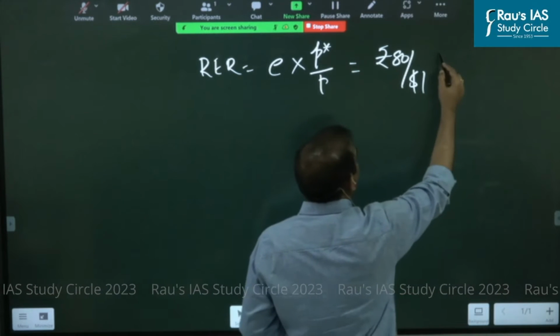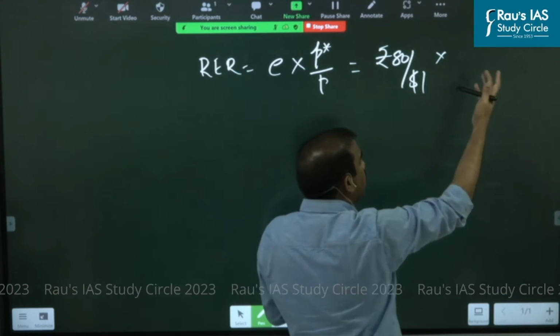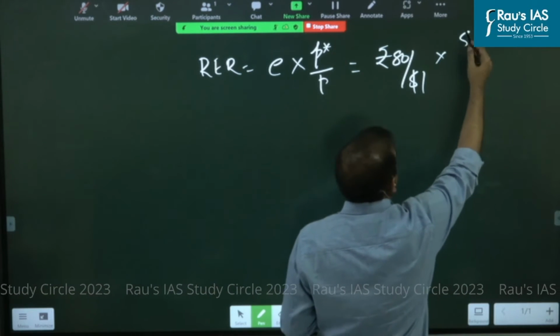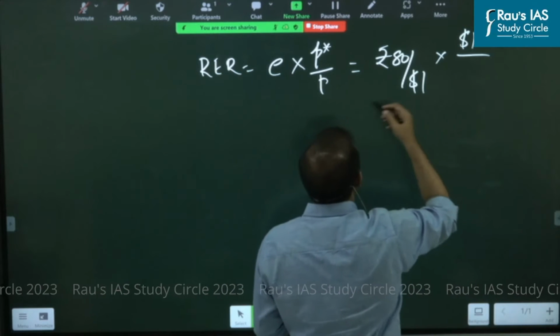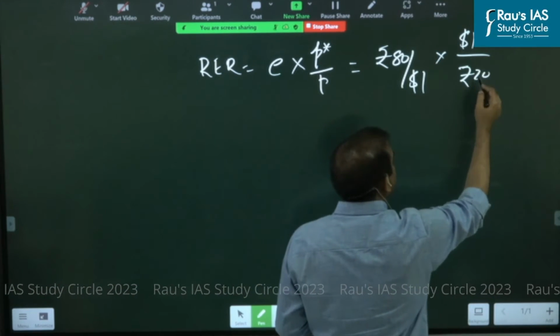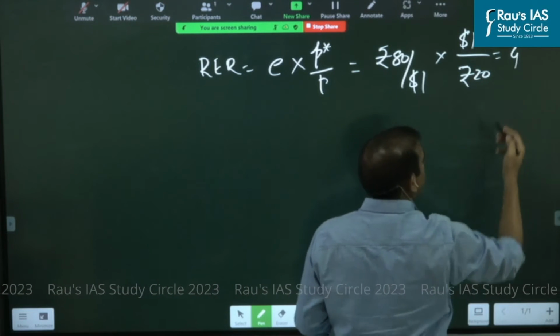P star stands for the foreign price level. So what is the price of the basket in the foreign country, in this case the United States of America? That is $1. And P stands for the domestic price level. So what's the domestic price of this pen? It's 20. So now if we calculate, it's again going to be 4.